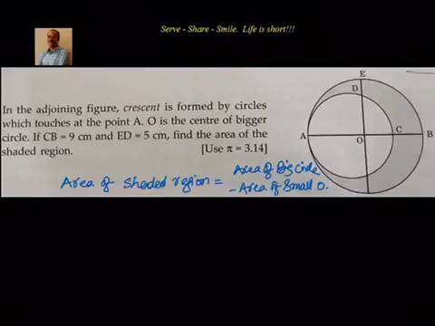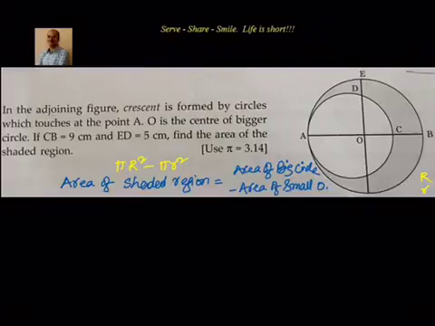Once we know the radii, we can easily write down that if I take the big radius as capital R and the small one as small r, then what we have to find out is pi R square minus pi small r square. Now we have to find out what is capital R and what is small r.